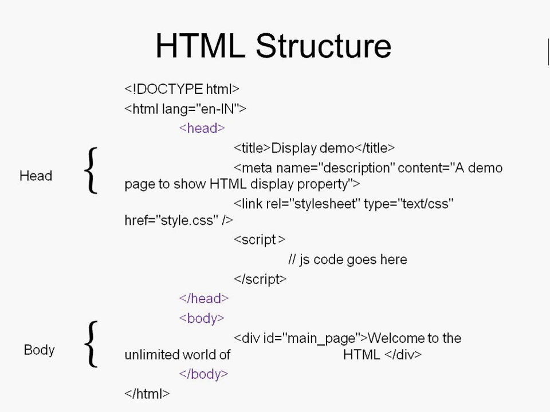So, we have a doctype declaration which tells the browser what type of HTML it is. There are different versions of HTML, like HTML4. You have XHTML, which is a strict XML-based version of HTML, and now HTML5 is there.